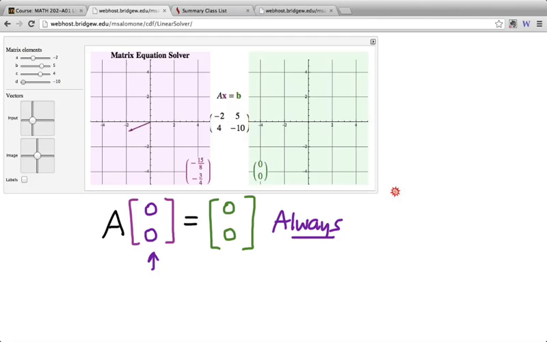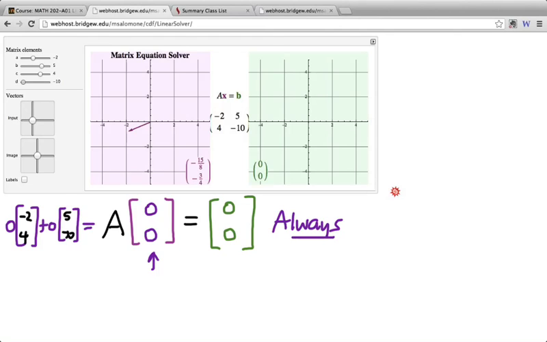Why? Because when you multiply a matrix by the 0 vector, we're getting the linear combination of the columns of A, which is 0 times the first column plus 0 times the second column. If A has more columns and there are more entries in the 0 vector, then we keep doing that with the columns of A. But regardless of what our matrix happens to be, this linear combination is always going to give me 0, 0.